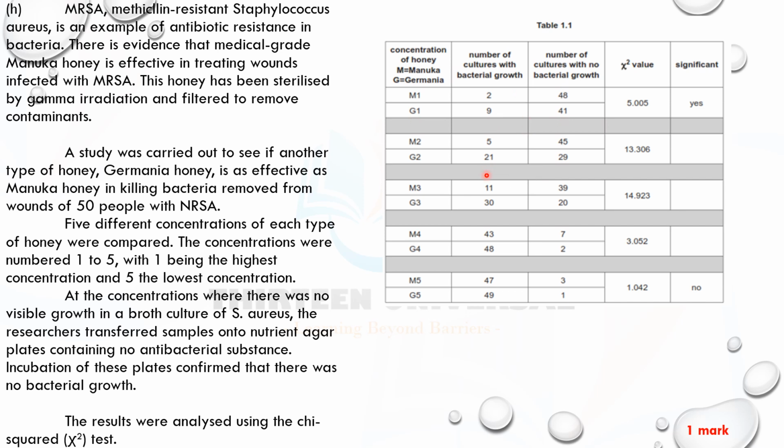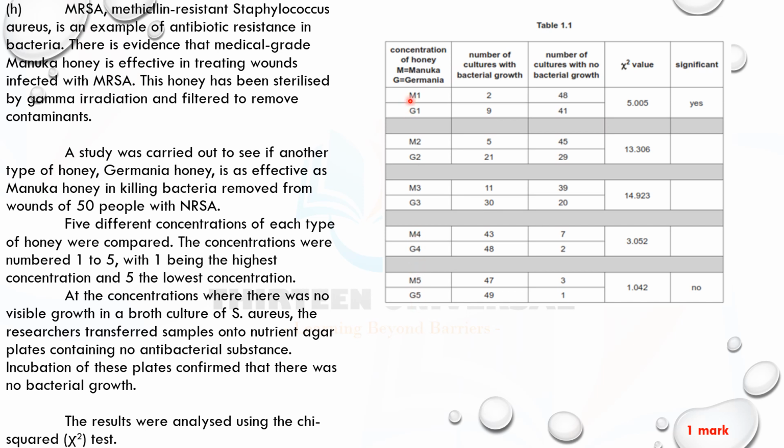If they ask you to evaluate, you give reasons based on this data why there's a significant difference between Manuka and Germania. Okay, you can also give another argument, that there's no difference. For example, the difference is significant between the first one, second one, third, but the fourth and fifth, the difference is not significant, right?